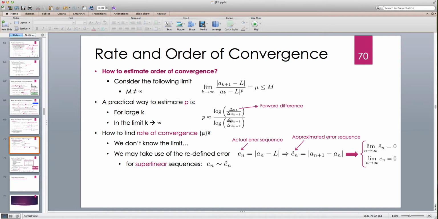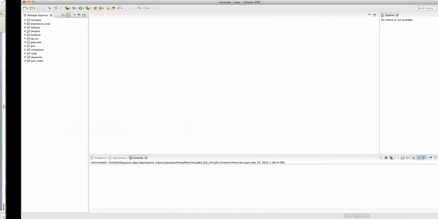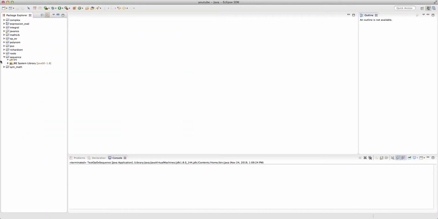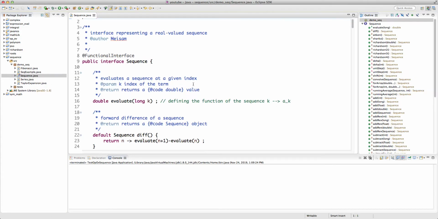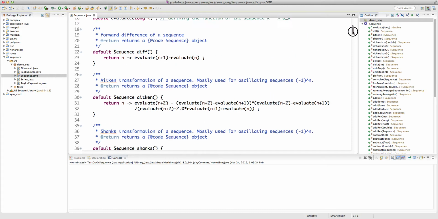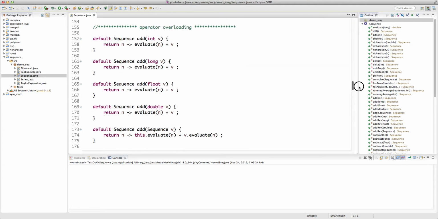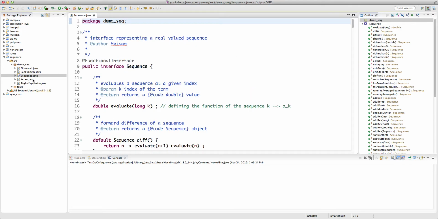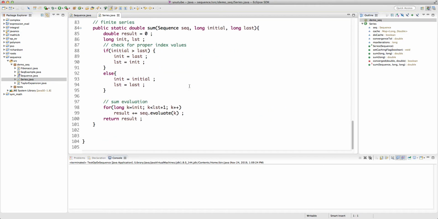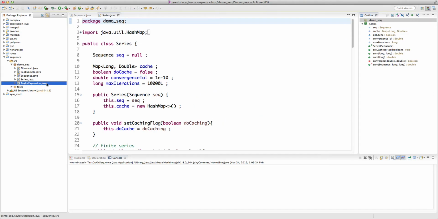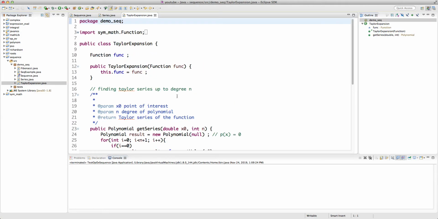So let's go to Eclipse and try to apply this definition for the order of convergence to some of our sequences. Here in Eclipse, we have the sequence interface with all the methods, the transformation and the operator overloading. We have the series class that sums up the sequence. We have the Taylor expansion here that generates a sequence, a polynomial.